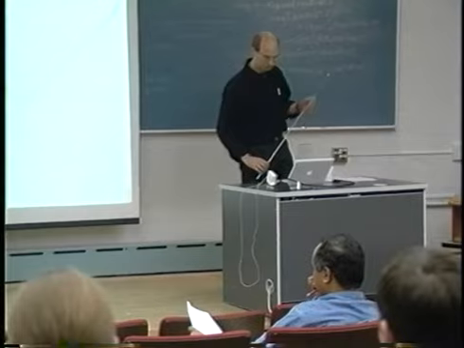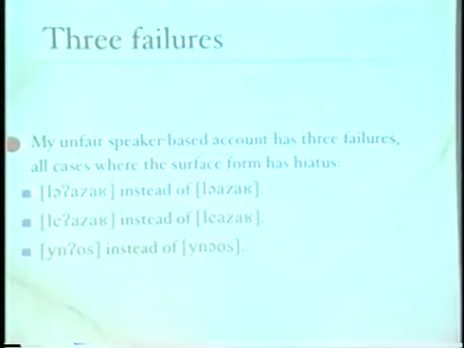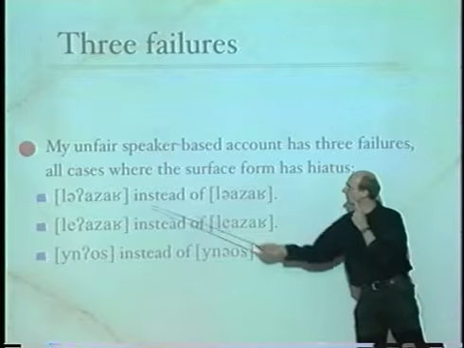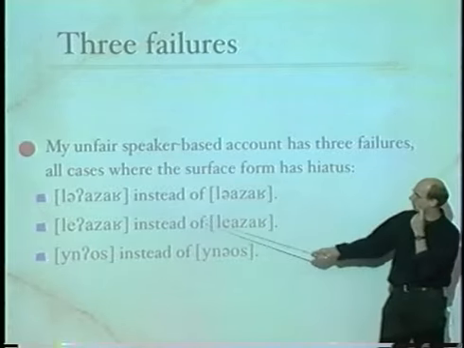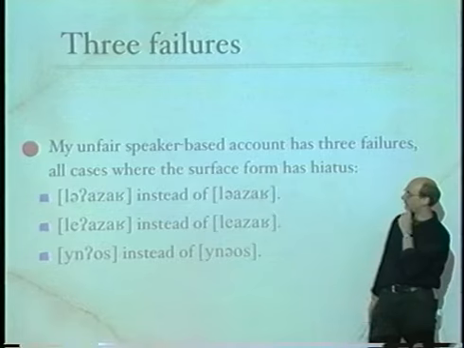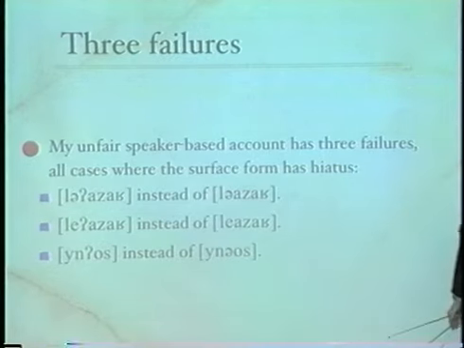Now, if you have a look at the things that went wrong here, the winning candidate was les hasards instead of les hasards, or this one, le hasard instead of le hasard, and une hausse instead of une hausse.